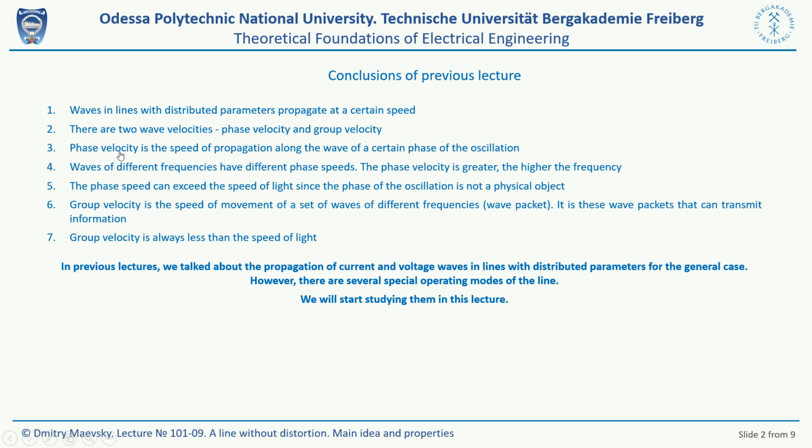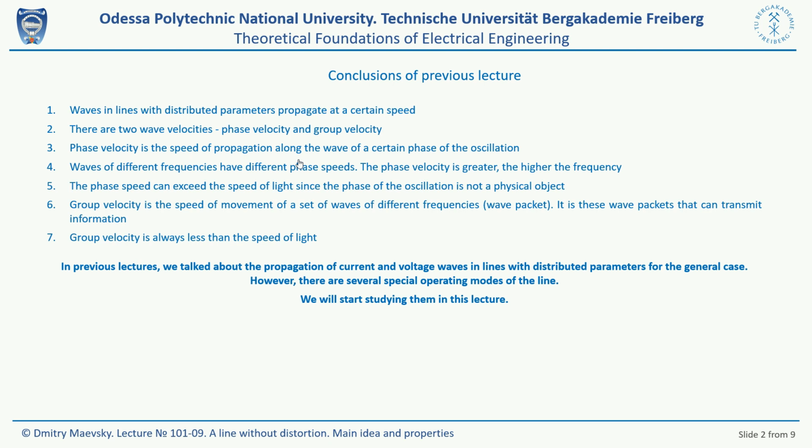The phase velocity determines the speed of propagation along the line of a constant phase of oscillations. As we discovered, this velocity depends on the frequency of the oscillation. The higher the frequency, the greater the speed of propagation of a certain phase state of the wave.